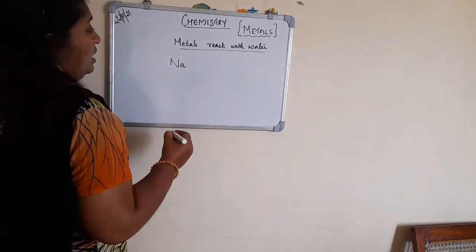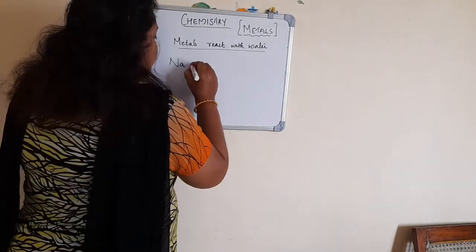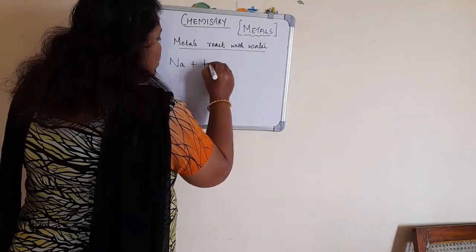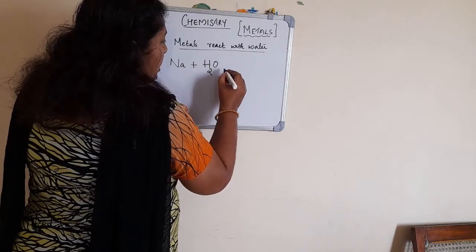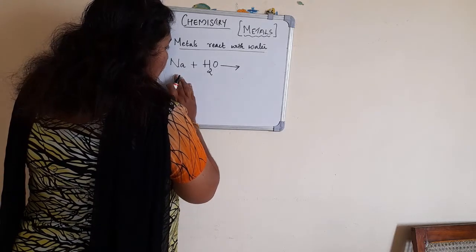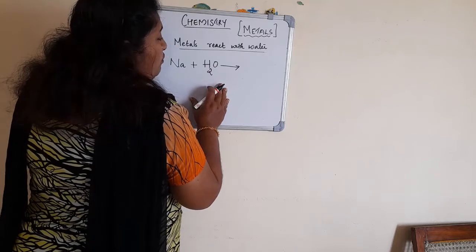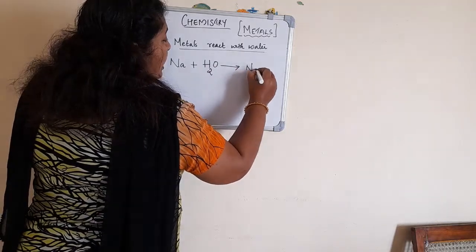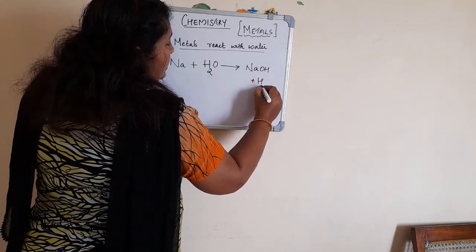Sodium is a very reactive metal. When I put this sodium in some water, you can see that it reacts vigorously, quickly, spontaneously with water to form its hydroxide, and hydrogen gas is liberated.